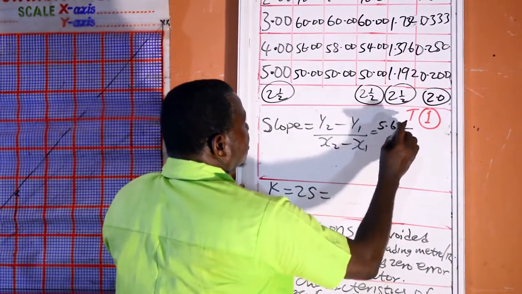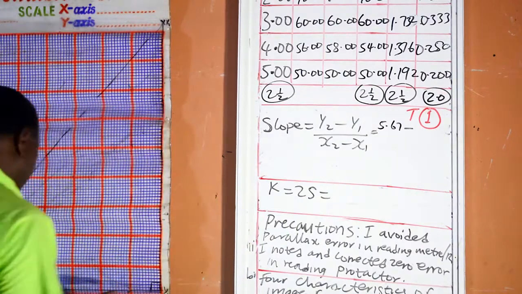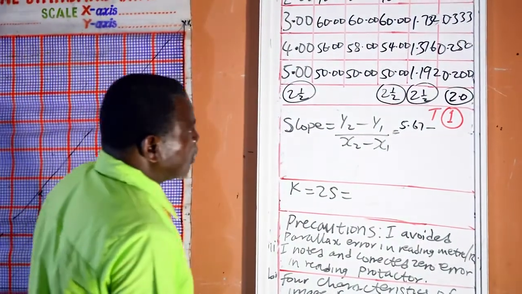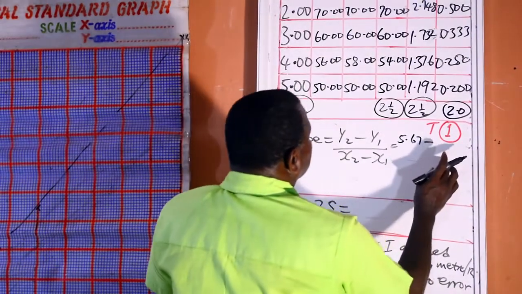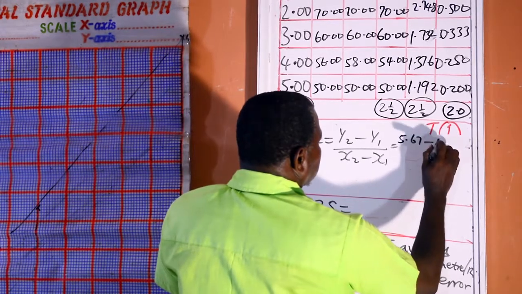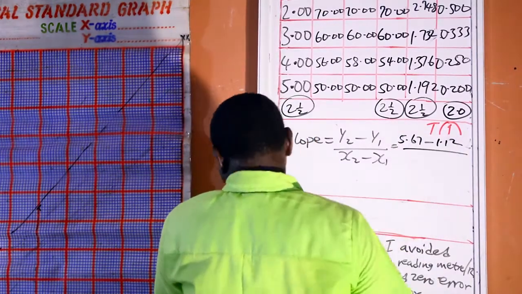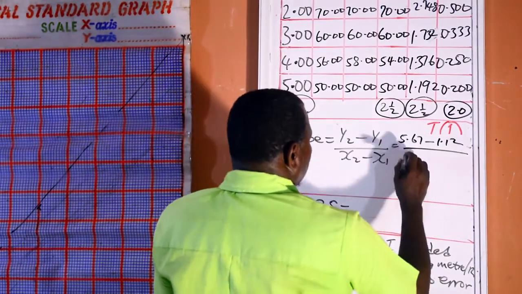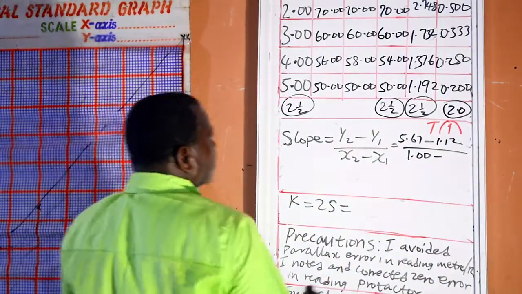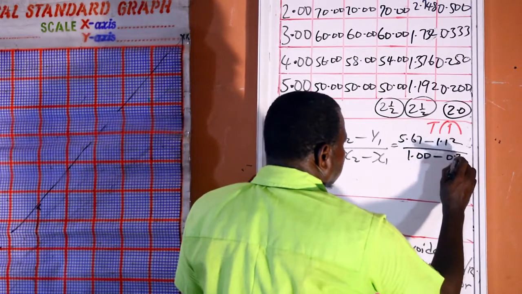Our y1 is 1.19. Our x2 is 1.00. Our x1 is 0.20.